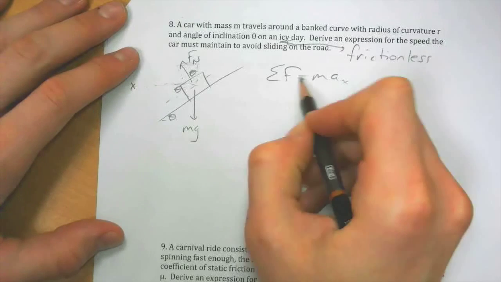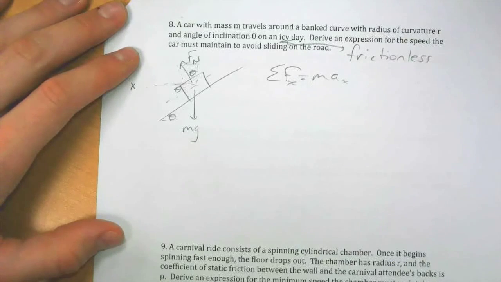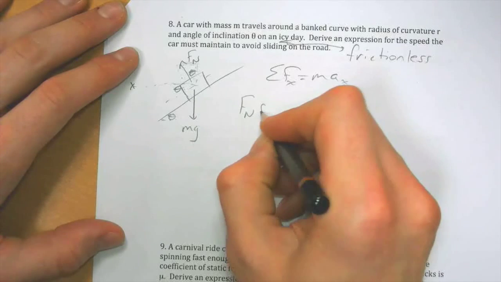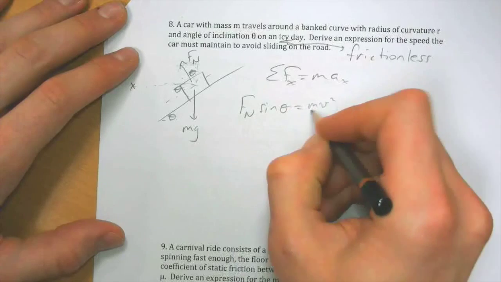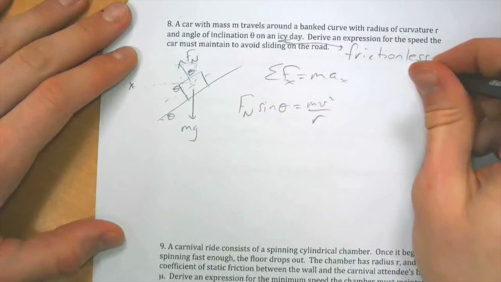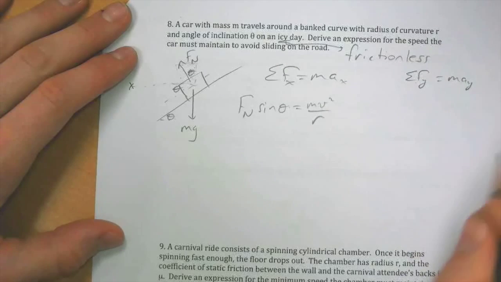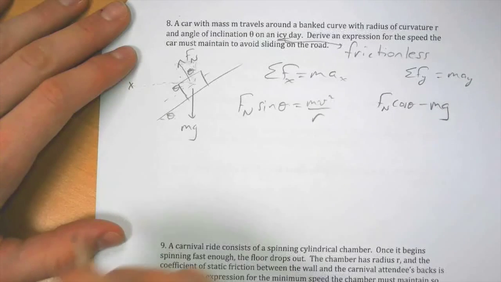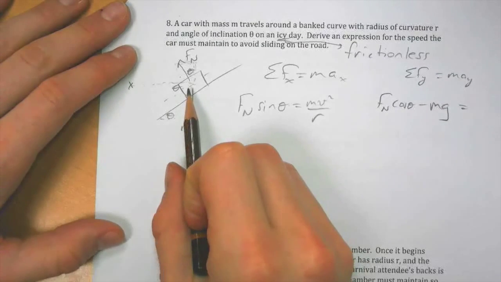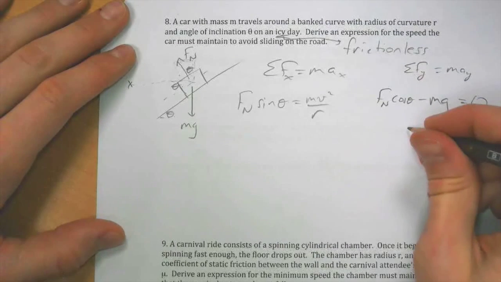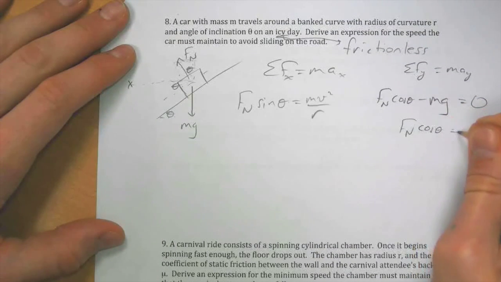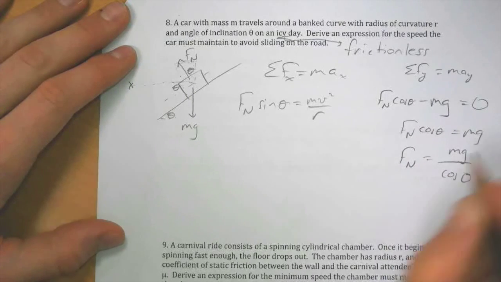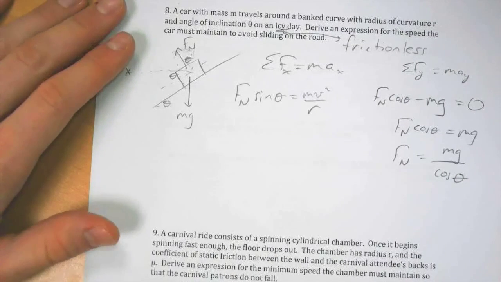So when we write Newton's second law in the horizontal direction, we have normal force sine theta equal to mv squared over r. In the vertical direction, we have normal force cosine theta minus gravitational force equal to, you guessed it, 0. So the normal force is equal to mg over cosine theta.